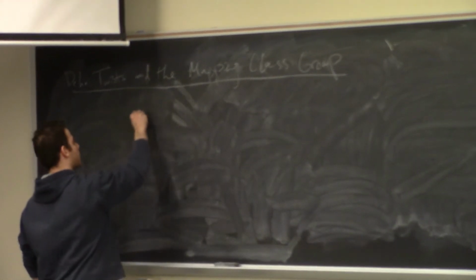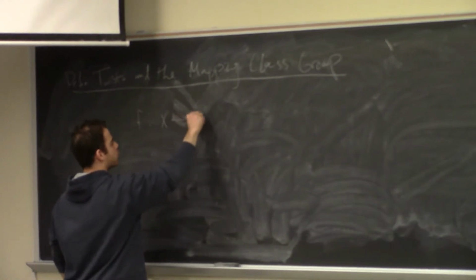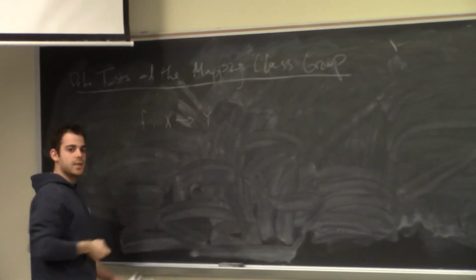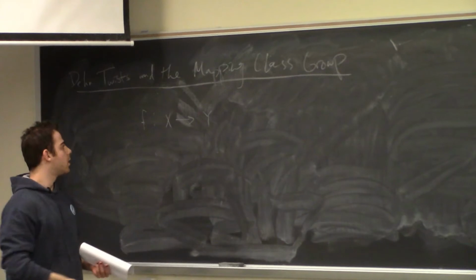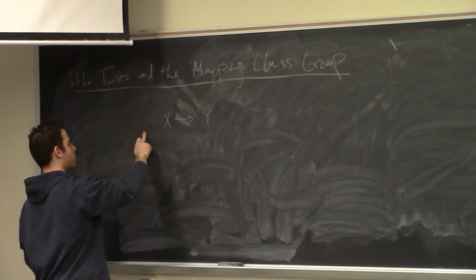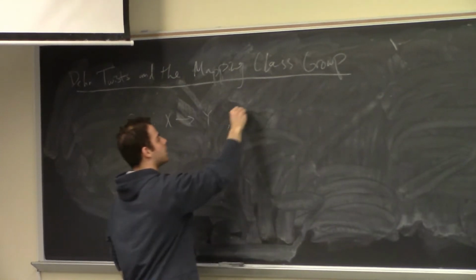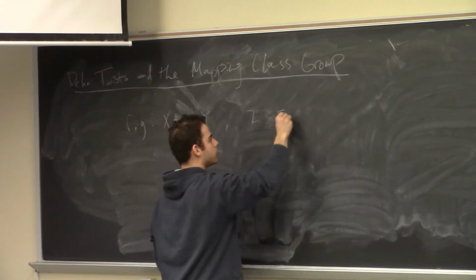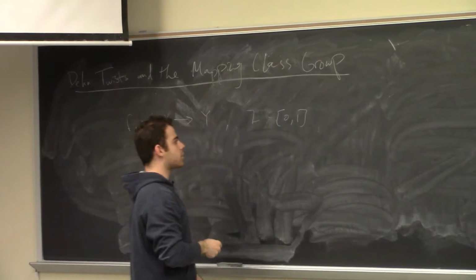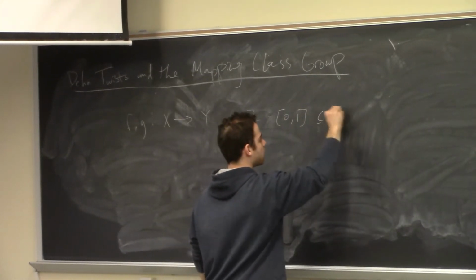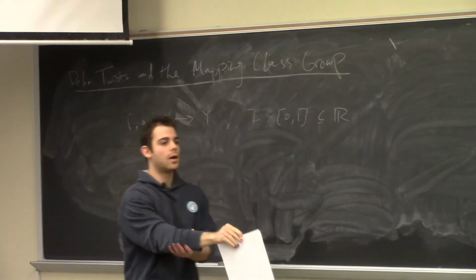So I'm going to let f be a map between two topological spaces X and Y, which is continuous. Well, f and g are two maps. And I'm going to let I be the usual unit interval, which is just a subset of the real line, nothing special.